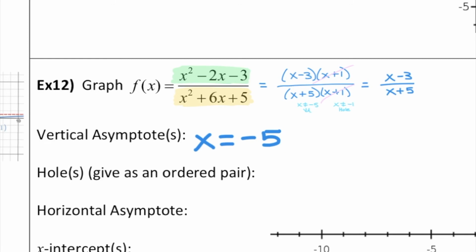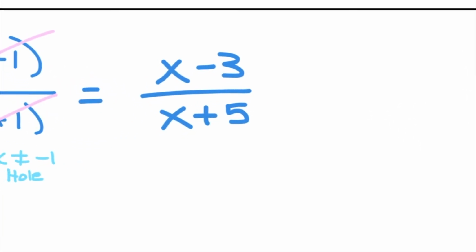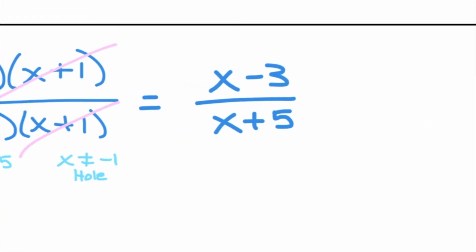And then the hole, remember that you need to go back to the simplified expression. We said that the hole is where x is negative 1, but then you need to find the y value. So negative 1 minus 3 over negative 1 plus 5.